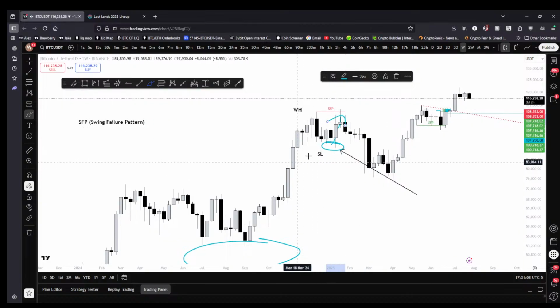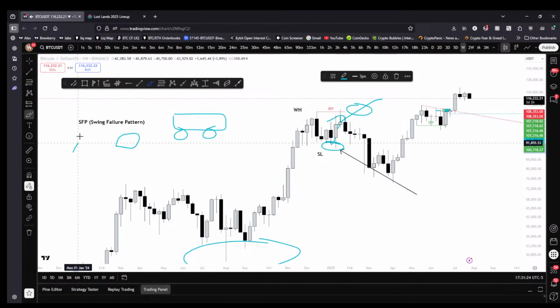Whenever this low fails its job, it's like your friend who helps you move, right? You got the moving truck at your house, you have all your boxes out.